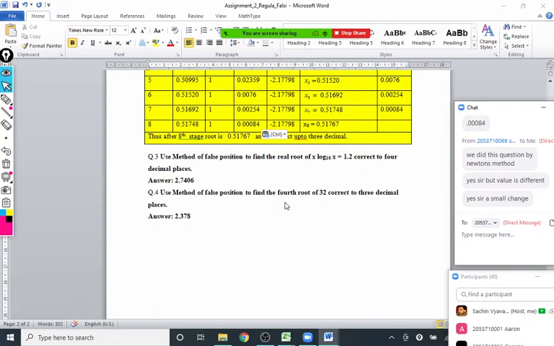We take 32 raised to in bracket 1 divided by 4. And if you do that on a calculator, we get the answer 2.37841. Yes, actually, these methods are more useful in the days when there are no calculators and we require roots of non-standard values. Suppose we want a square root of 32 only.